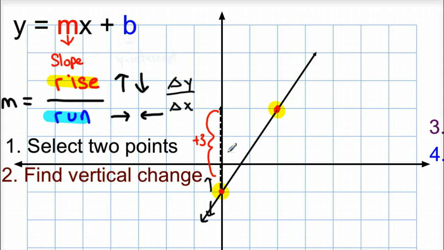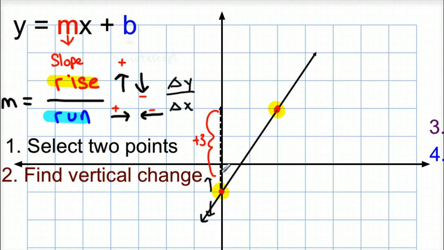Anything in the upward direction is positive, anything in the downward direction is negative. And similar to the left and right, anything in the right direction is positive, just like your number line. Anything to the left is negative, also like your number line. Okay, so up is positive, down is negative. Right is positive, left is negative.